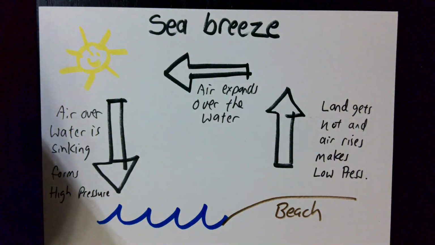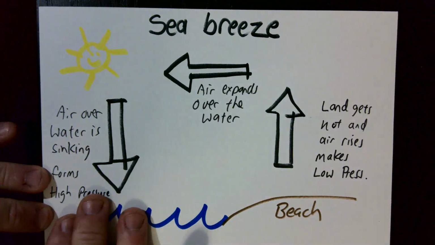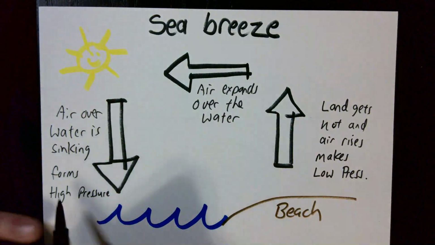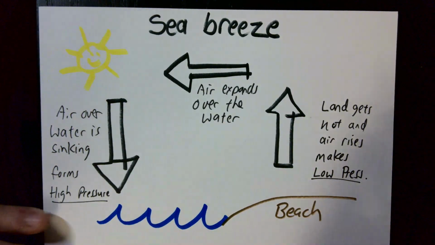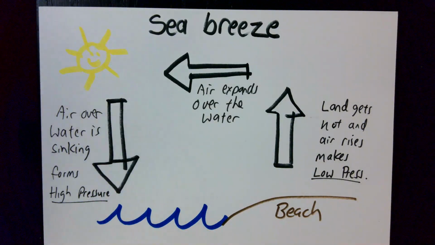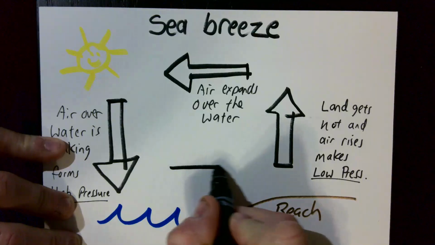Well, now we've got an area of high pressure here and an area of low pressure here. High pressure here, low pressure here. And when we have unequal pressures, nature is going to cause things to try to equal out, and we're going to get the movement of the air from the high pressure to the low pressure.